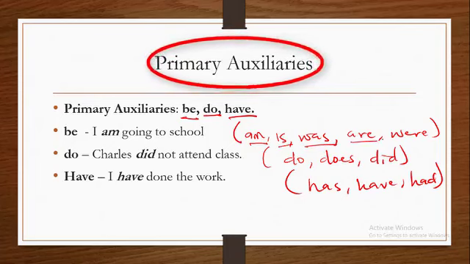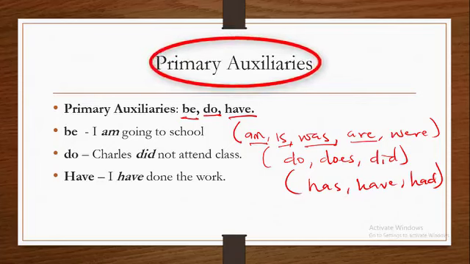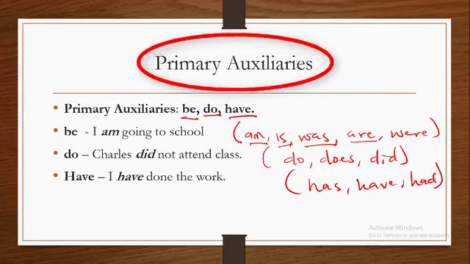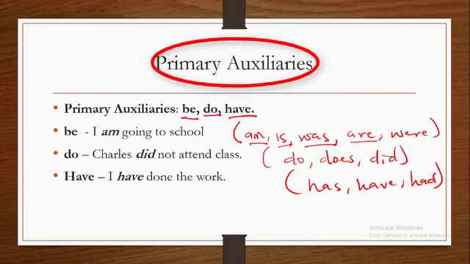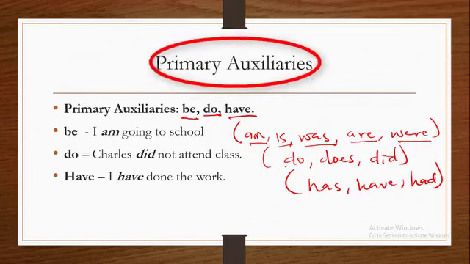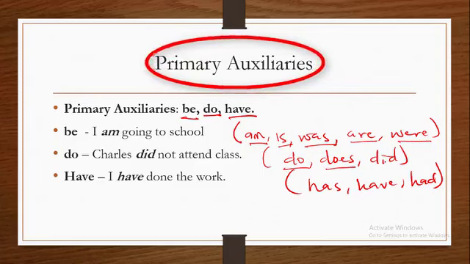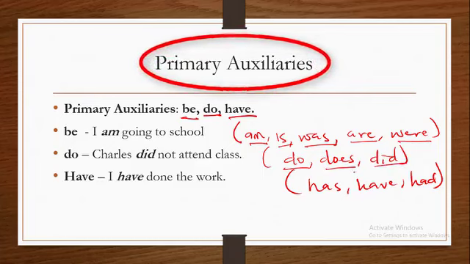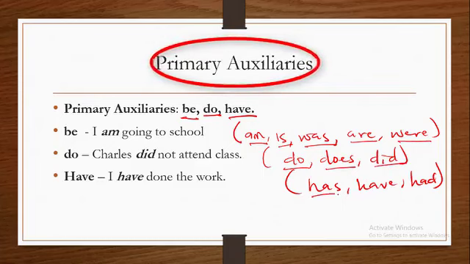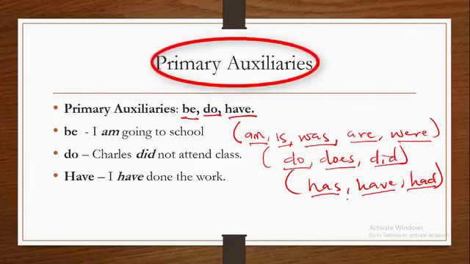Then are is used with second person, first person plural and third person plural: they are, we are, and the past tense is were. Then we have the verb to do, do being plural, does singular, and did is the past tense of both do and does. We have has as singular, have as plural, and had as the past tense of both.